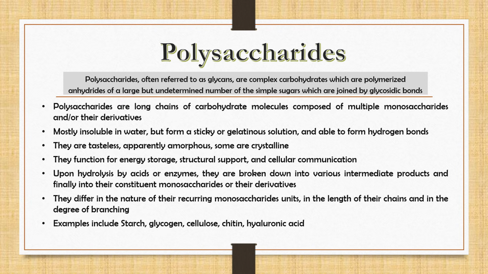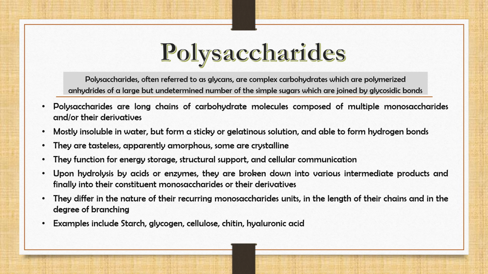Polysaccharides are long chains of carbohydrate molecules composed of multiple monosaccharides and all their derivatives. They are mostly insoluble in water, but form a sticky or gelatinous solution and are able to form hydrogen bonds.